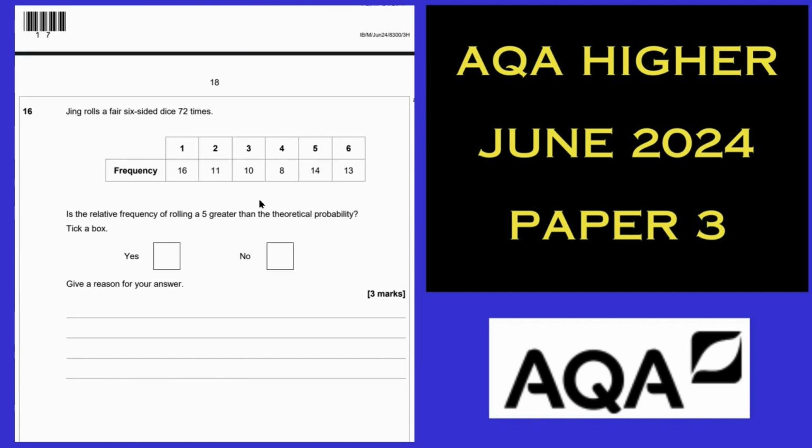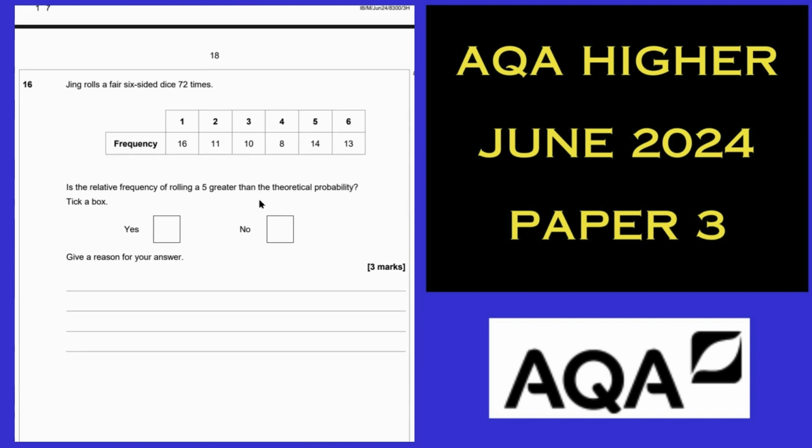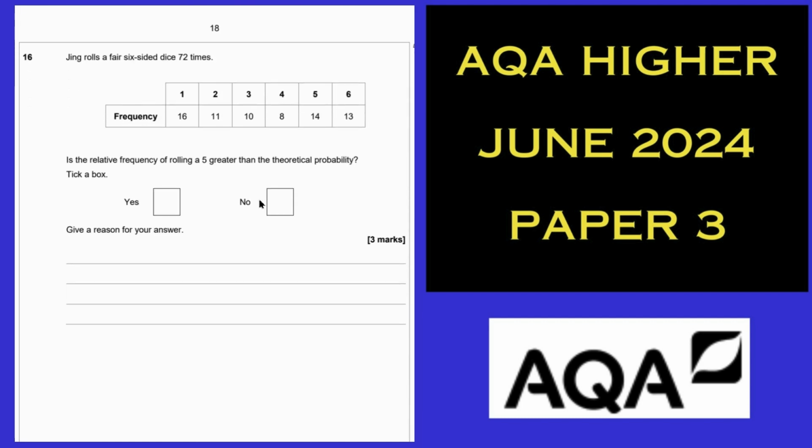Number 16, we've got relative frequency, theoretical probability, and so on. Tick a box. Well, the probability of a 5 here is 14 out of 72. That's 0.194 recurring.